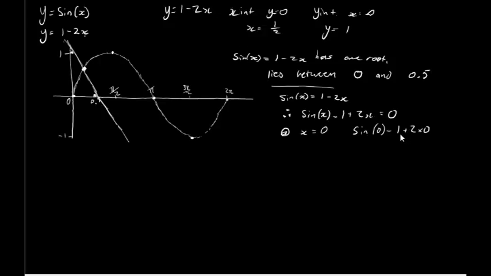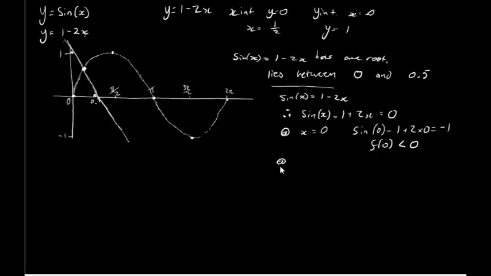At x equals 0, the sine graph lies below the line, so f of 0 is therefore less than 0, and we can check that by putting 0 into the equation, and we get roughly -1, which is obviously less than 0.